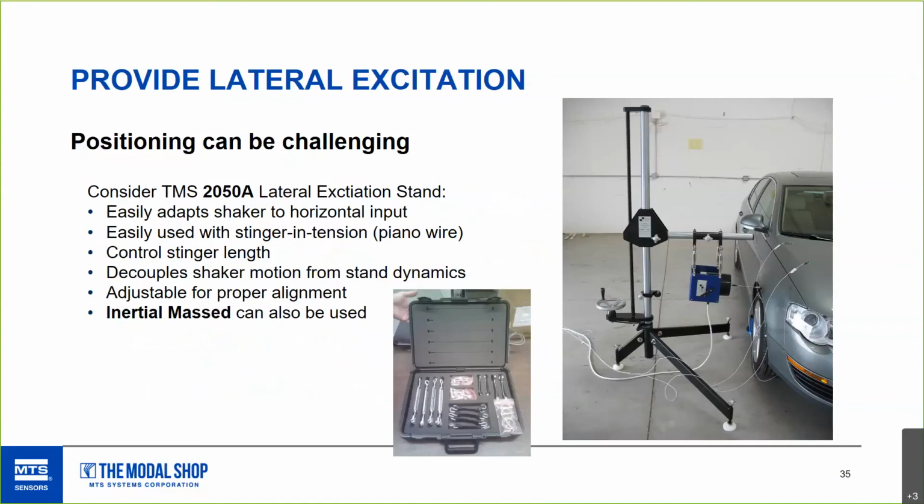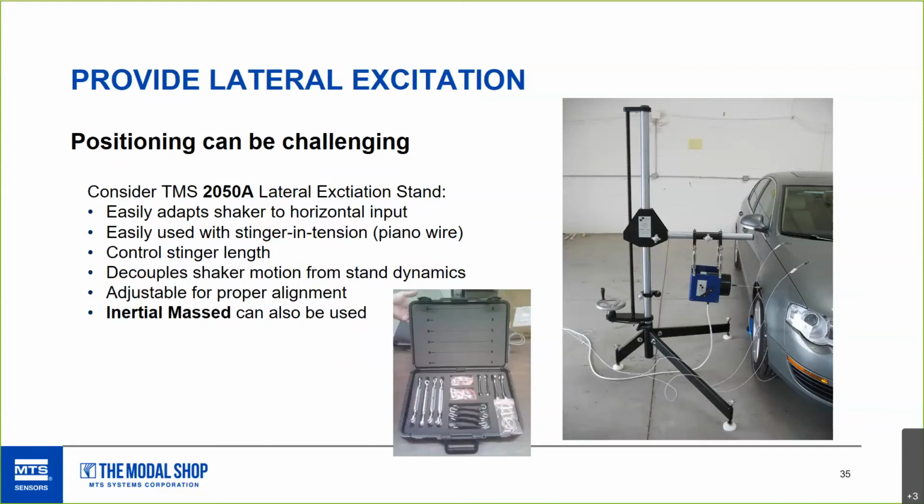One way that you can provide lateral excitation, positioning a shaker isn't trivial. It's a quirky little odd system. Here we have a weird lateral excitation stand. Our model 2050A lets you take any modal hammer and mount it horizontally. You can use it with the piano wire. It lets you easily control the stinger length.